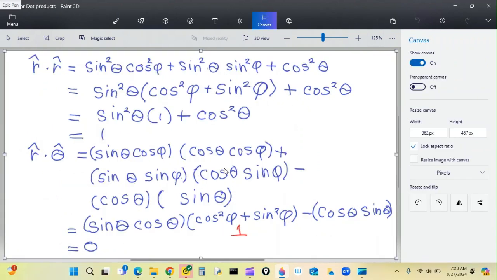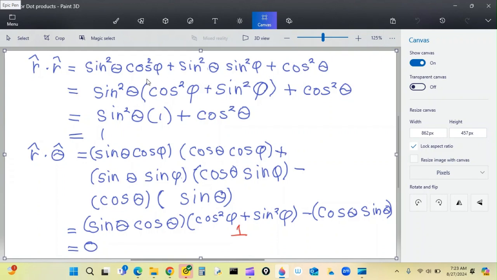Let's step back a minute, and I'm going to prove the dot operators rather than just saying, oh, it's equal to 1. If you notice there's a little algebra involved. Here's the i component of the r vector squared, the j component of the r vector squared, and the k component squared.